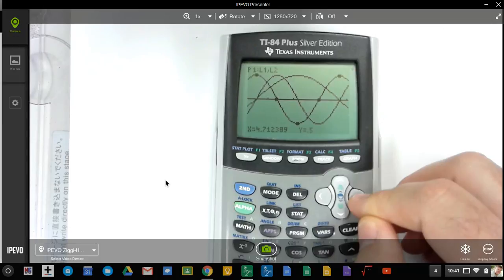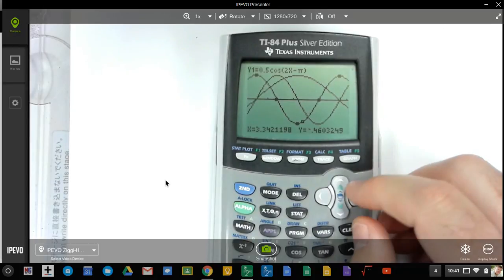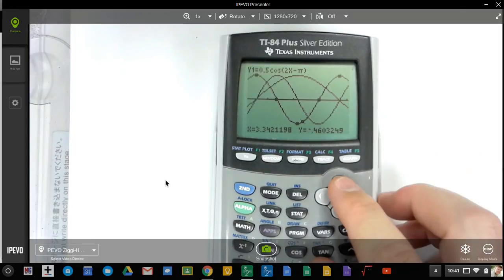Oh, there it is right there. Do you see right there? The one passing through the points, you can see up top right here, is Y1. That was A. The one here, that's B. And the other one is C. Okay?